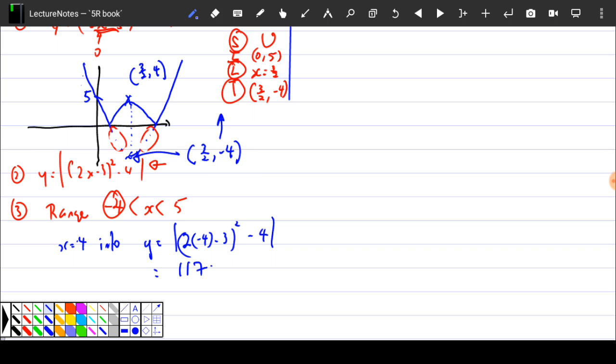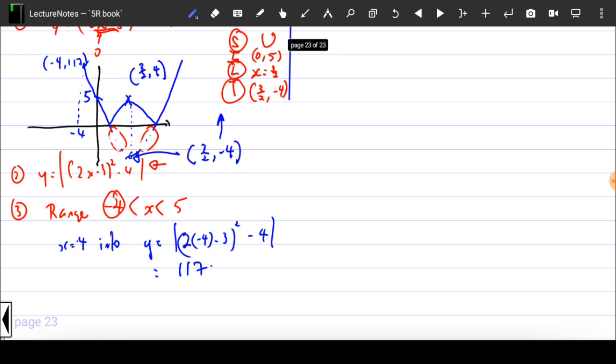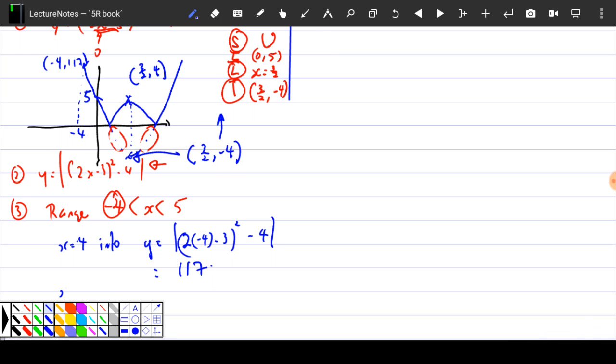So then this point here will be (negative 4, 117). Get the idea? Now the other one, x equals 5. Then I have to sub in the same thing, put a point here, and then work out what the point is here.